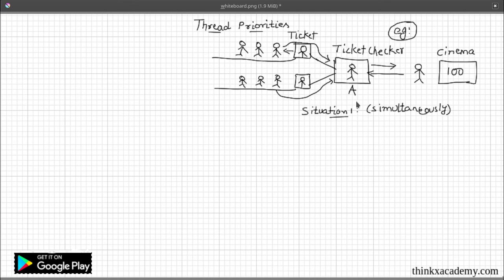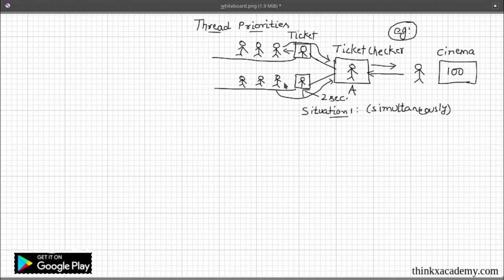So he applies some logic. He says that he is going to tell the person employed at this ticket counter to wait for, let's say, 2 seconds. First the person at this ticket counter will deliver the ticket to the customer, and as soon as he gets verified, at the same time this other person is going to wait for 2 seconds.